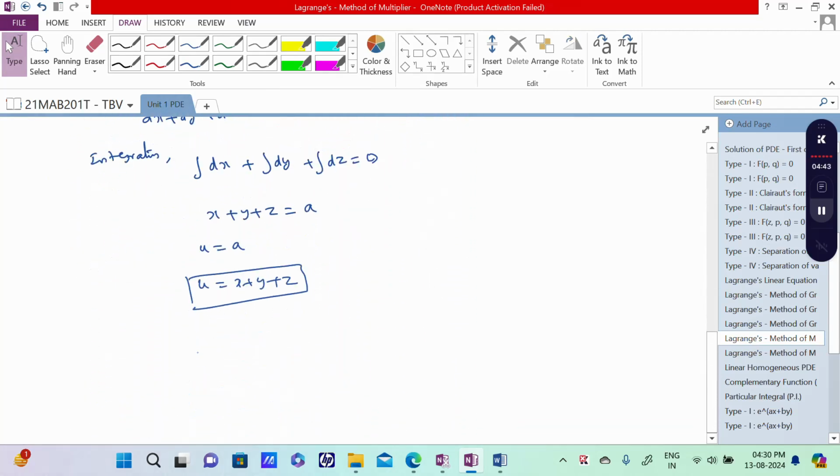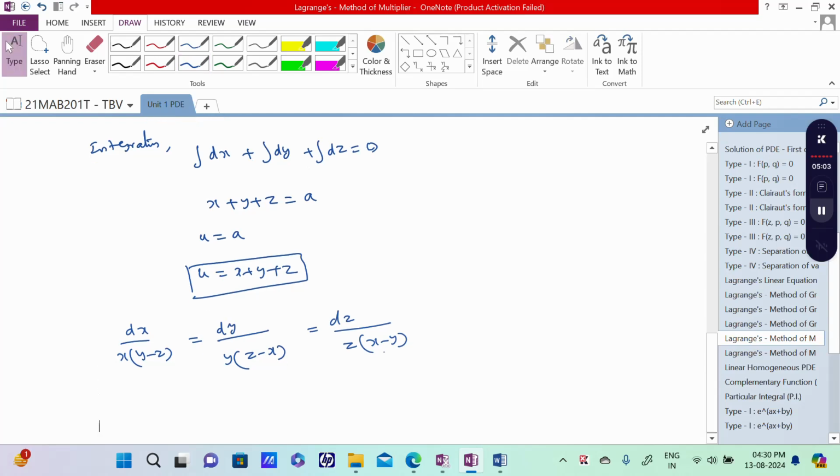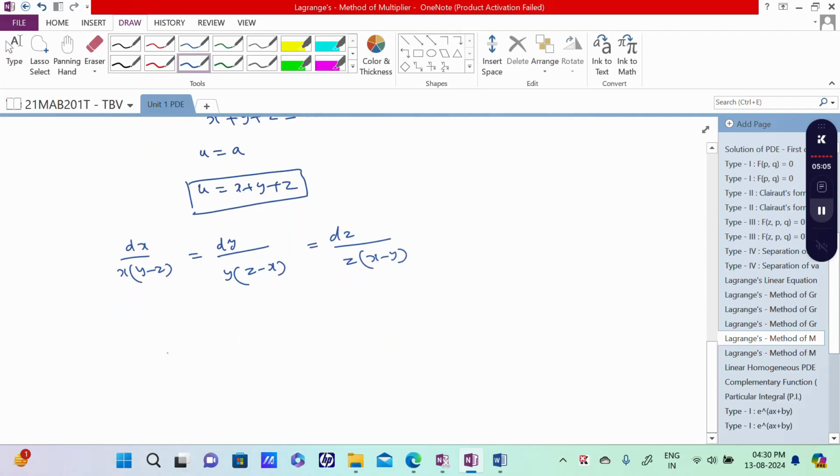It will make the denominator possible to get 0. Therefore, this term: dx by x(y − z), dy by y(z − x), dz by z(x − y).